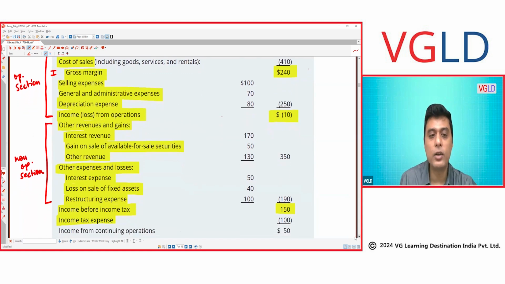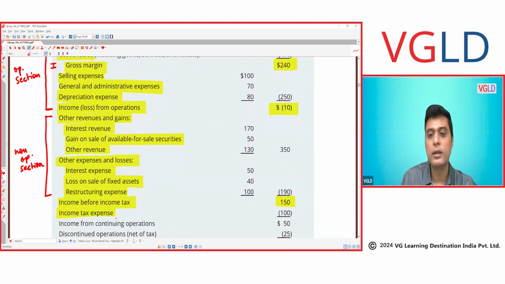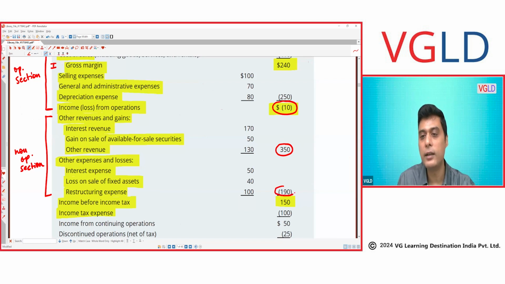Operating plus non-operating is your income from continuing operations, right? If you see here, income or loss from operations is -10, and then you have other revenues and gains of 350, other expenses and losses of 190. So this plus 350 minus 190, the three of them together is 150. 350 minus 200, basically 190 and 10 is 200, so 350 minus 200 is 150, right?